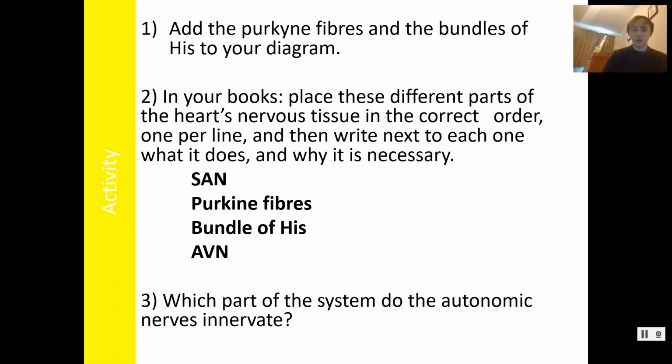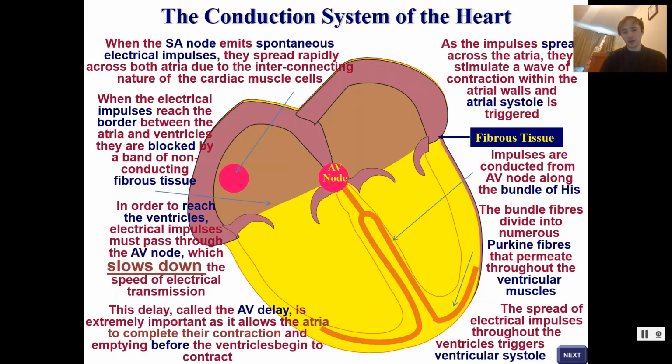Fine. So I hope that everybody put the Purkinje fibers coming up from the bundle branches here, and that you put the bundle of His coming down the centre of the septum.